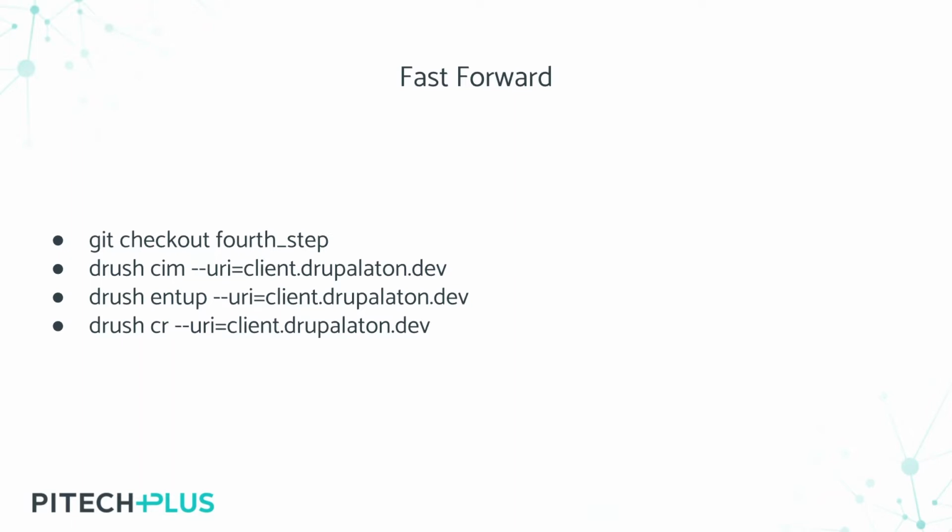On the fourth step we should have almost all the functionality, with the fields created, with all the entities generated, and so on. Which means that we have some configurations to import. So we will import those. Because we have new entities created, we have to update the entity definitions. That's why we need the Drush entity updates. And a good clear cache just for good measure.